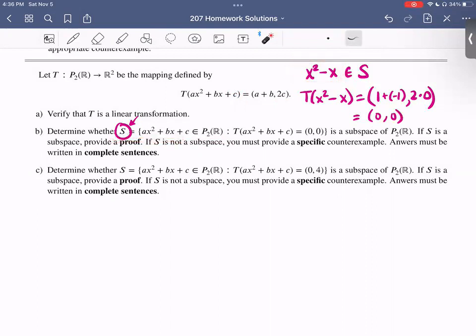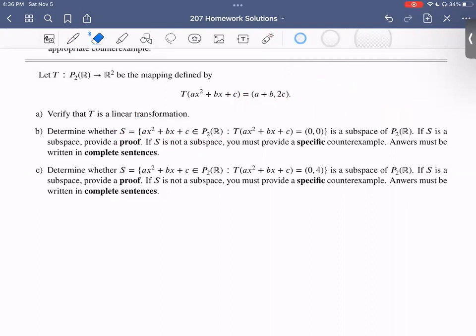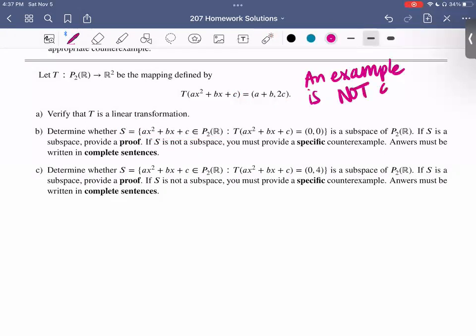That is just an example. And remember, that's just to give you a sense of what this set looks like, what types of elements might be in there. But an example is what? Not a proof. You can give a counterexample to disprove something, which is what we'll do in part C, but it's not a proof that everything is going to work.